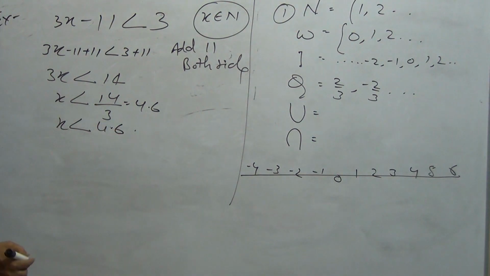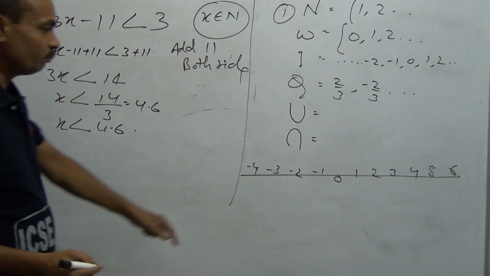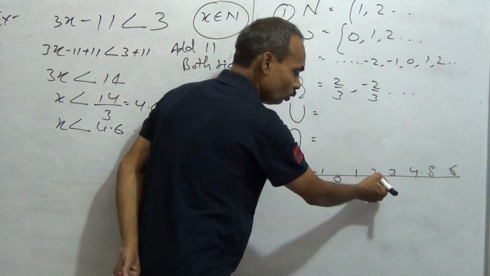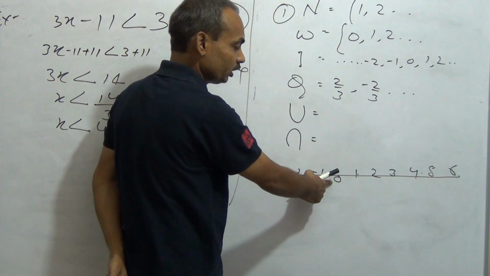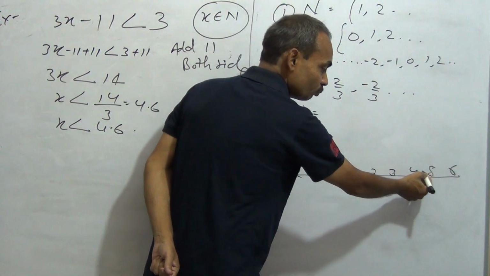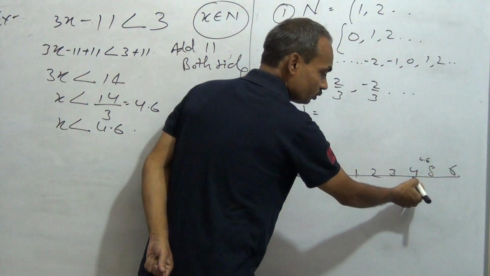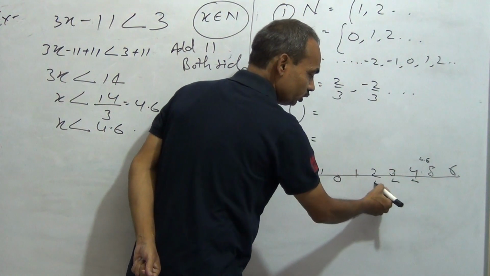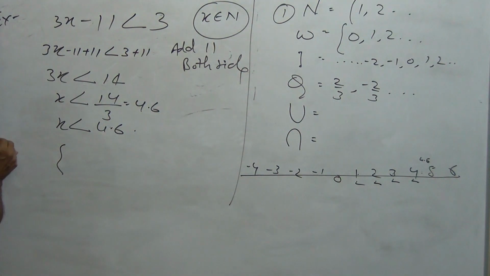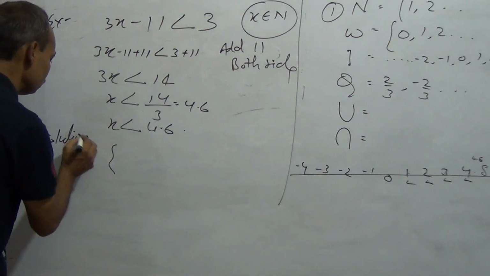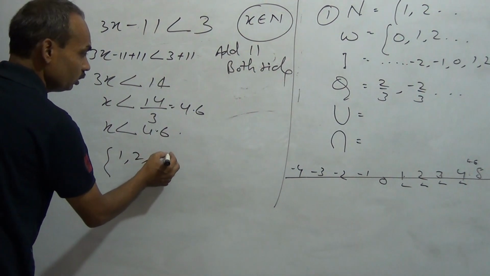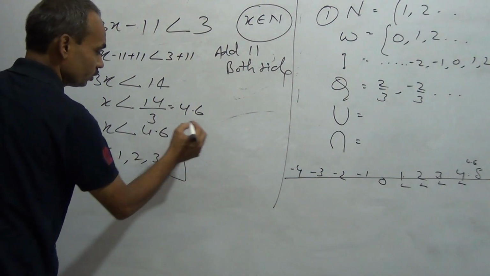We know that the natural numbers smaller than 4.6 are 4, 3, 2, 1 but not 0, because it is not a natural number, it is a whole number. So our answer, the solution set, is 1, 2, 3 and 4.